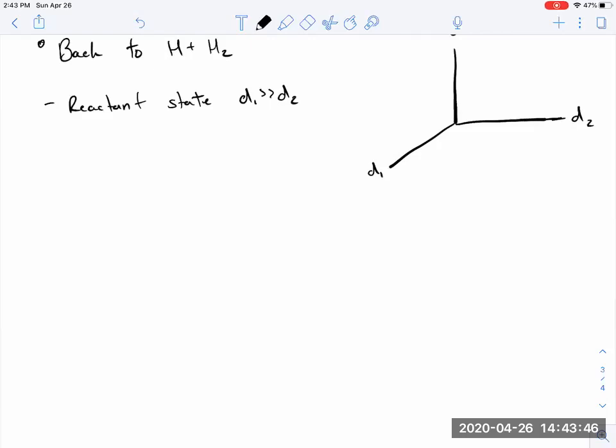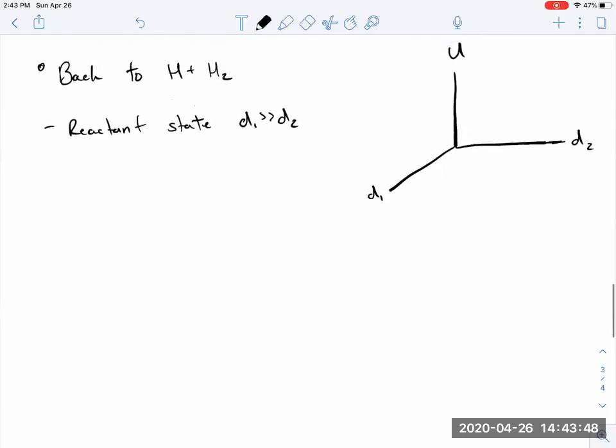So when that incoming hydrogen is very far away, we would imagine that d2, the bond length of the existing H2 molecule, is going to oscillate around some equilibrium position.